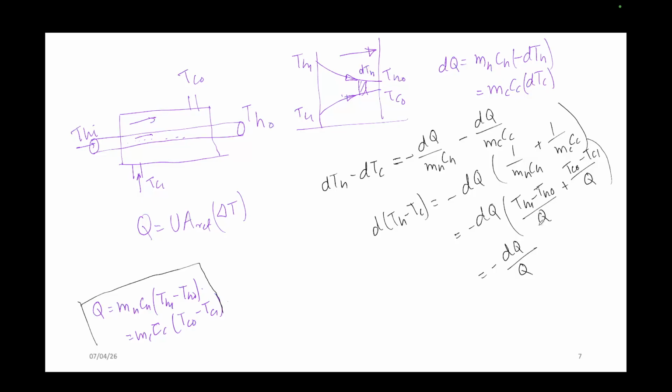Right, this small q. Can I do one thing? You know this thing, q equal to this. If, for a small element, I have to write dq, what should dq be?